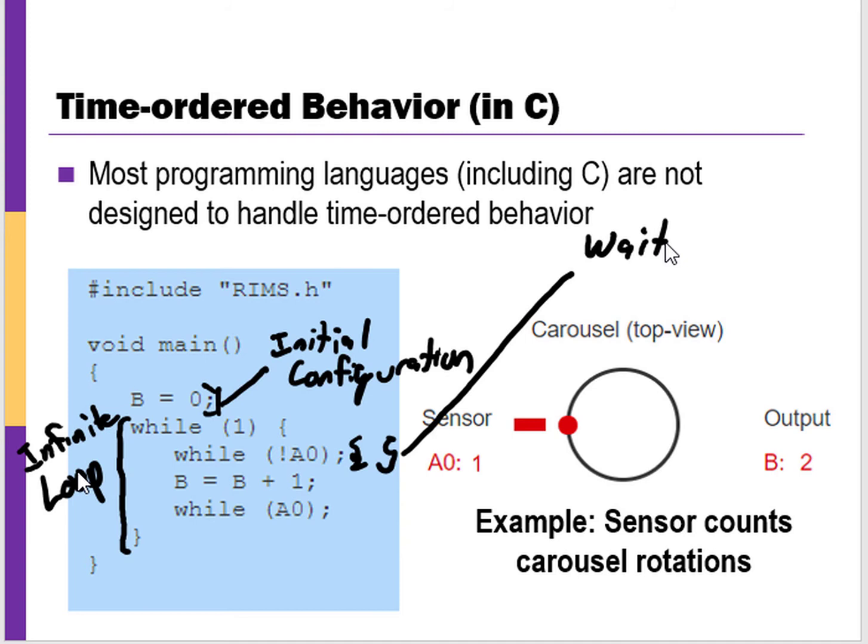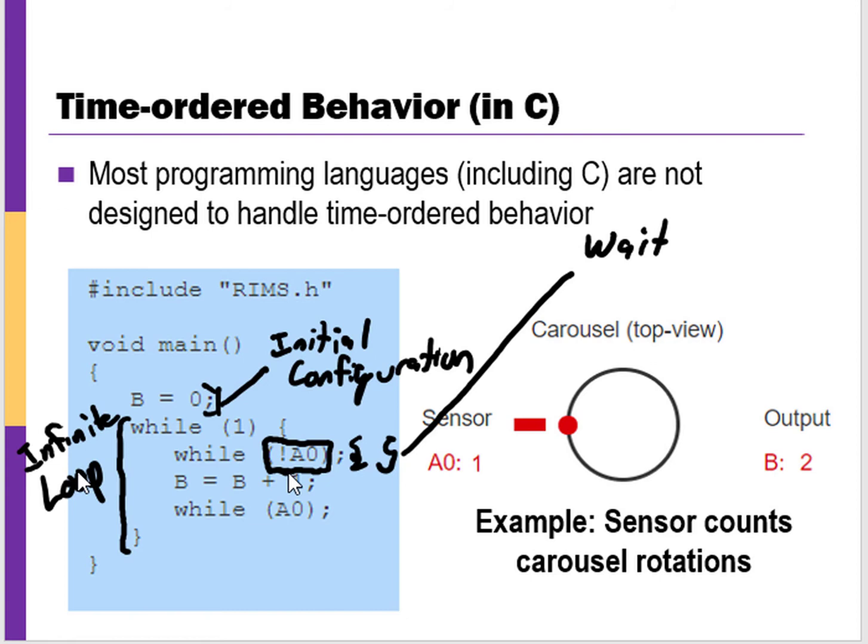And it says wait while not A0. So if A0 was 1, then not 1 would be 0, which would be false. If we look at this condition, when is the code going to stay on that line? Or better yet, when is it going to leave that while loop?